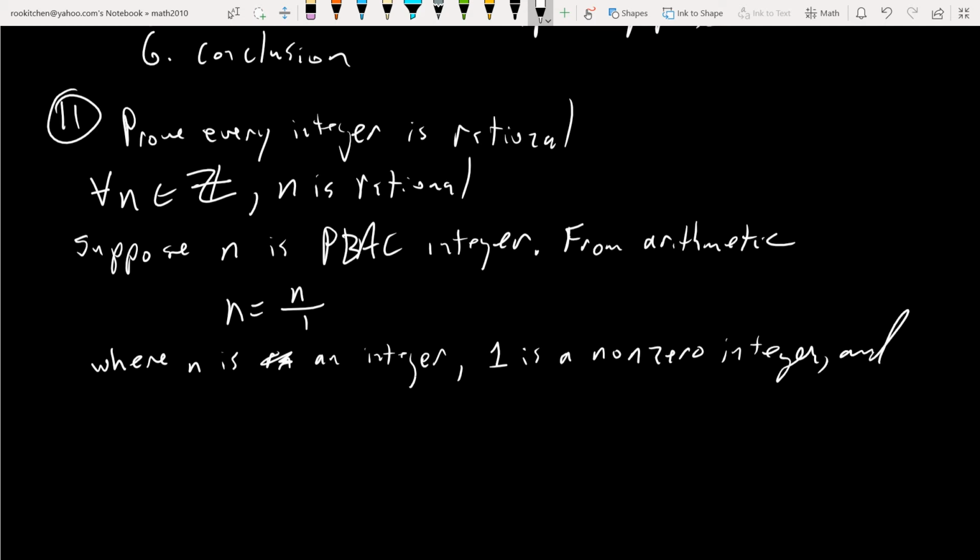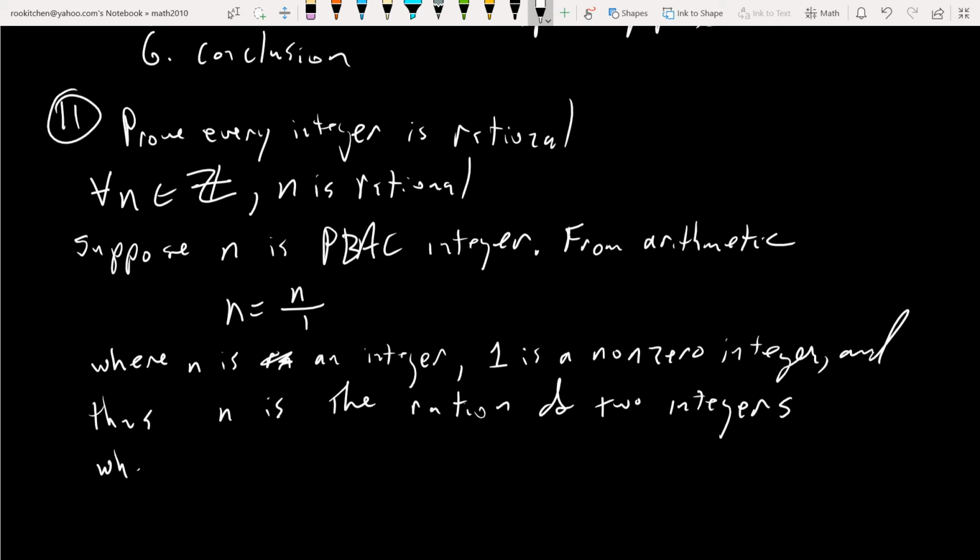And thus n is the ratio of two integers where the denominator is non-zero.